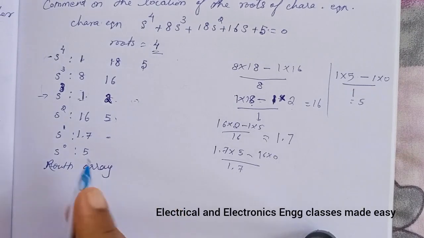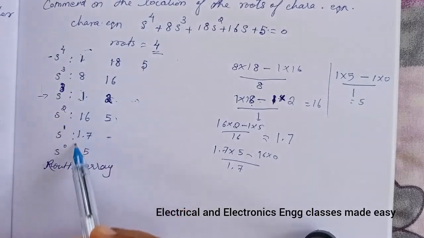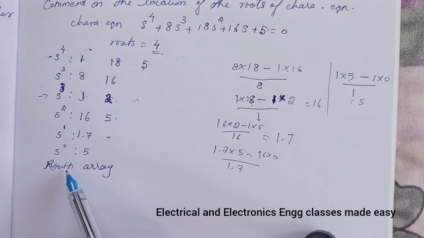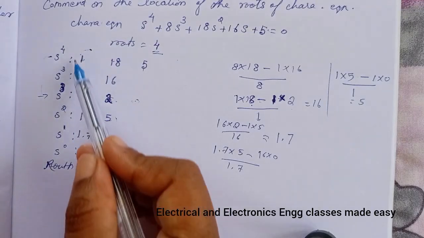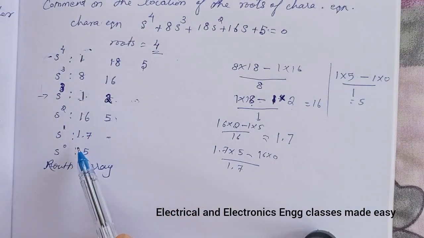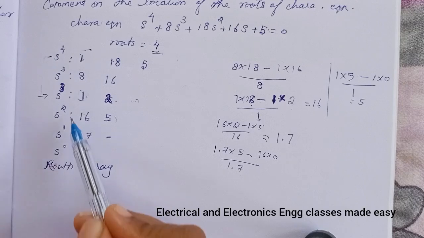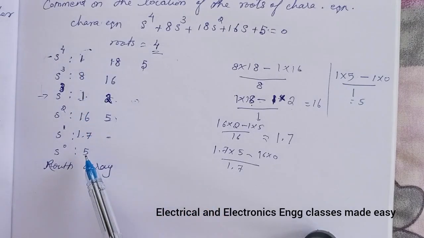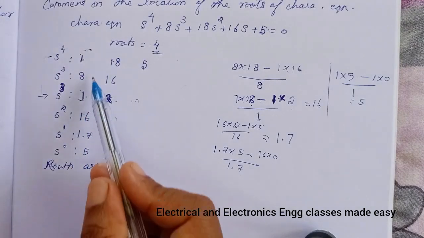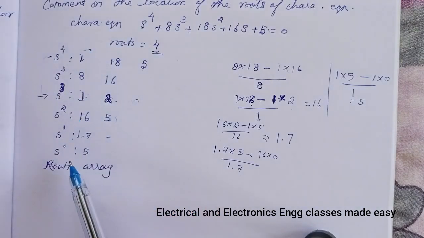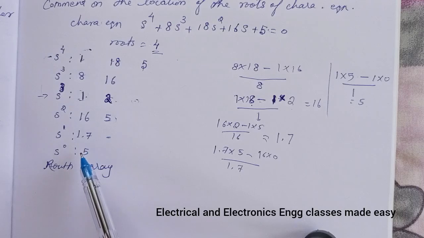Now we have to examine the first column of this Routh array. And here, while observing the first column, all the elements are positive. That is, all the elements of this first column are positive and there is no sign change.